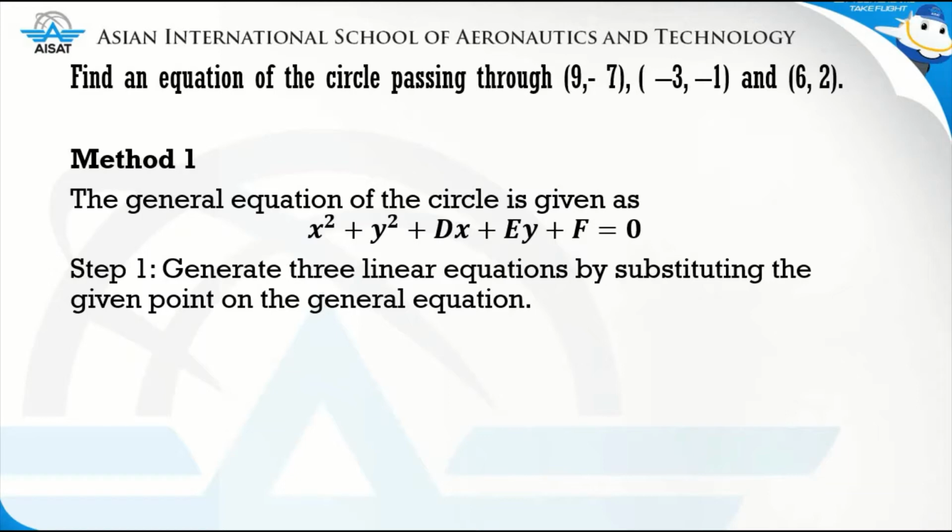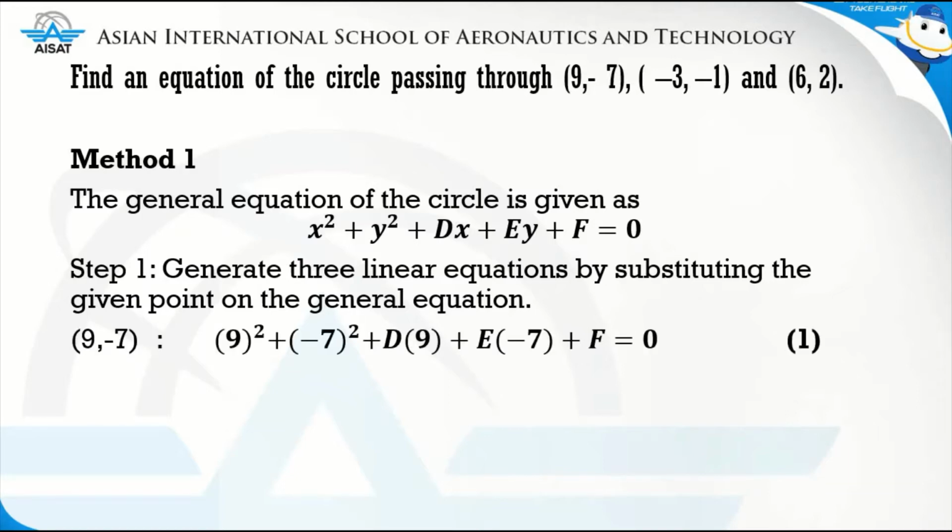So let's substitute. For the first point, we have (9, -7). Substituting 9 for all x in the general equation and -7 for all values of y, we get 9 squared plus (-7) squared plus d times 9 plus e times -7 plus f is equal to 0. And later on, we are going to simplify that.